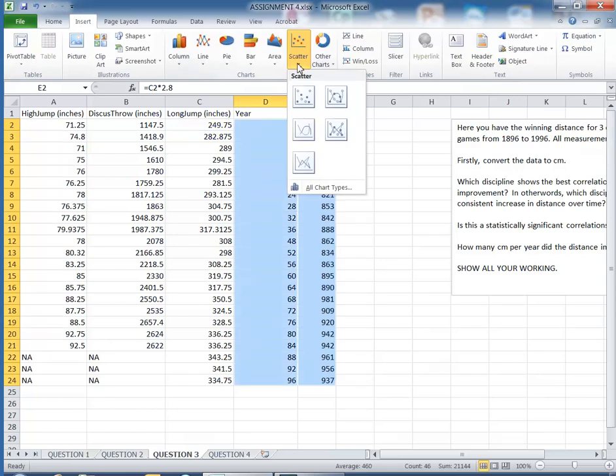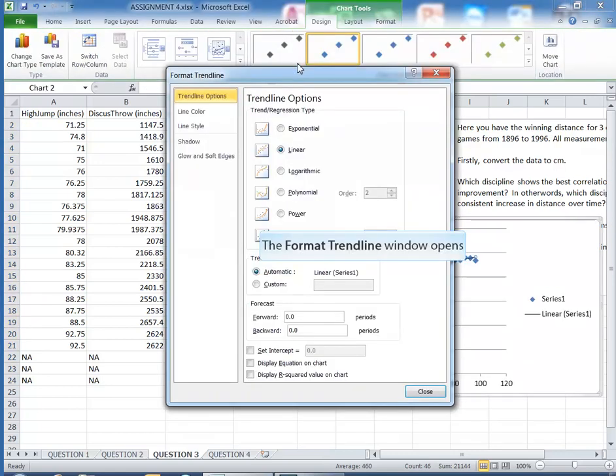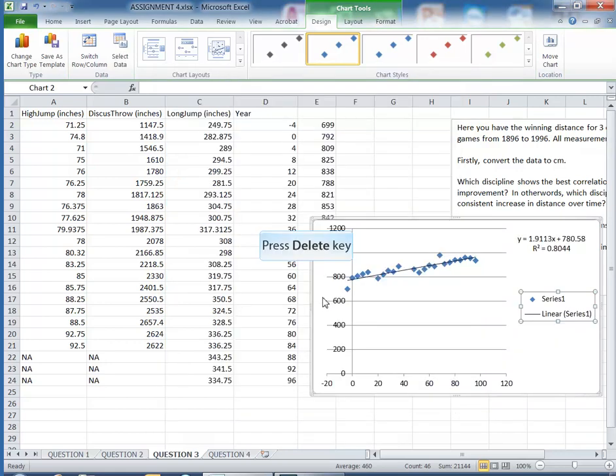I'll get rid of those decimal places. And then I'll do this regression again. We have the columns in a different order. And there we go, we have now the proper order. We've got the year in the x-axis and the response variable in the y-axis, distance.